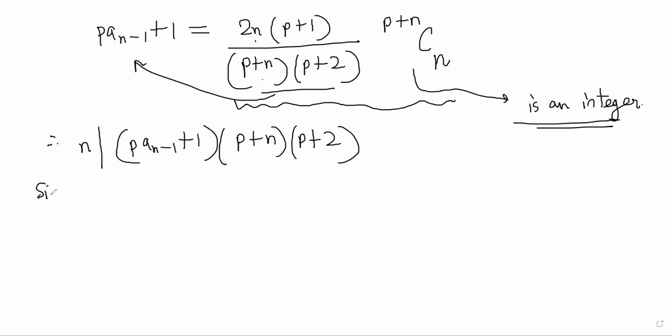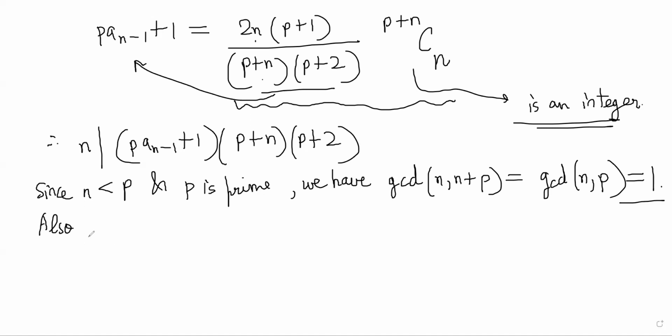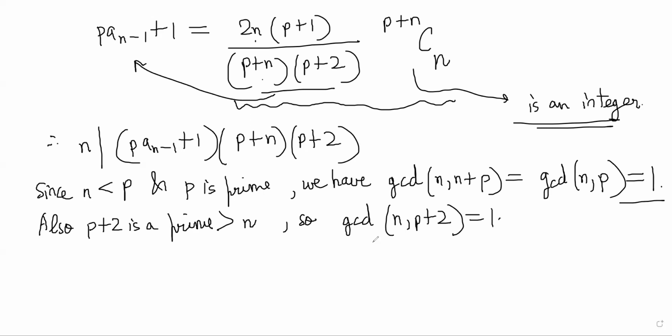Now, since n is less than p and p is prime, we have GCD of n and n plus p by the division algorithm is equal to GCD of n and p, and GCD of n and p is 1, right? Also, p plus 2 is a prime greater than n. So, GCD of n and p plus 2 is also 1.